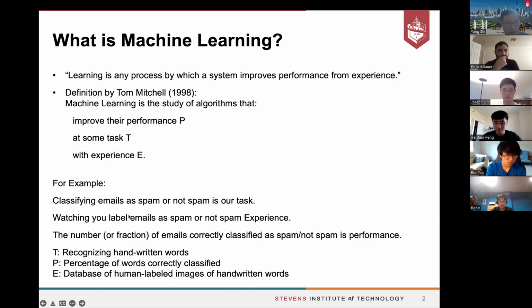The data being labeled as spam or not spam will be based on our experience. How many are correctly classified as spam or not spam will be our performance. And we can improve our performance based on the experiments and the task we have.